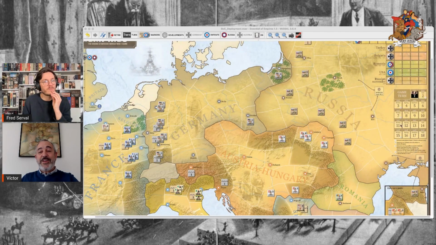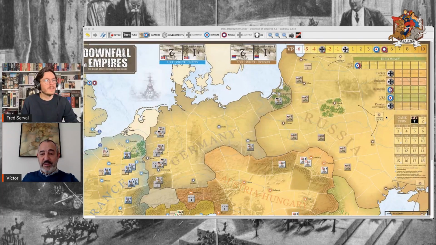So it's 4 times 4 for 16, plus 2. Autumn is the last turn. Yeah, I was looking at just a small bit of it, and I was wondering, wait a minute, that doesn't add up. That makes sense. Okay, so we start actually in summer of 1914. Then we have fall, and then we go into winter 1915. That makes a lot of sense. So yeah, great. So 18 turns.